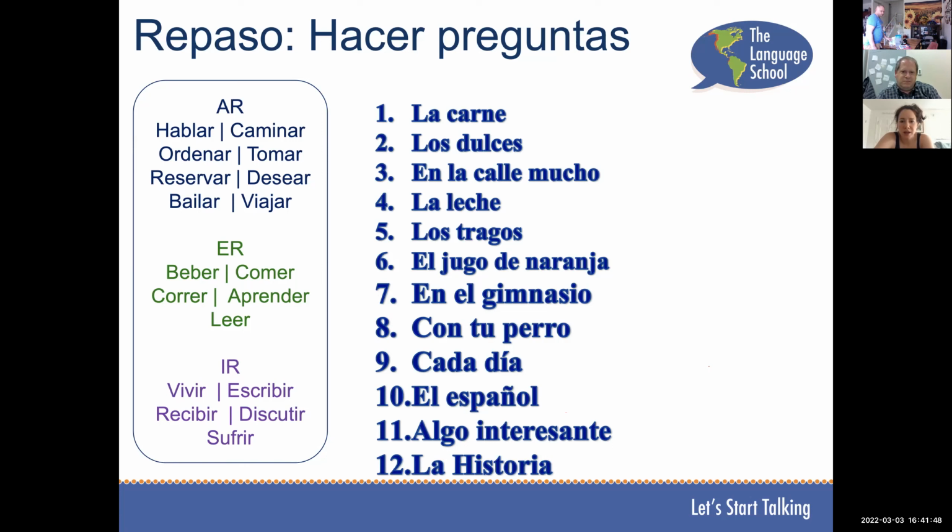¿Qué significa dulces? Sweets. ¿Tú comes los dulces? Sí, como los dulces. ¿Tú escribes en la calle mucho?